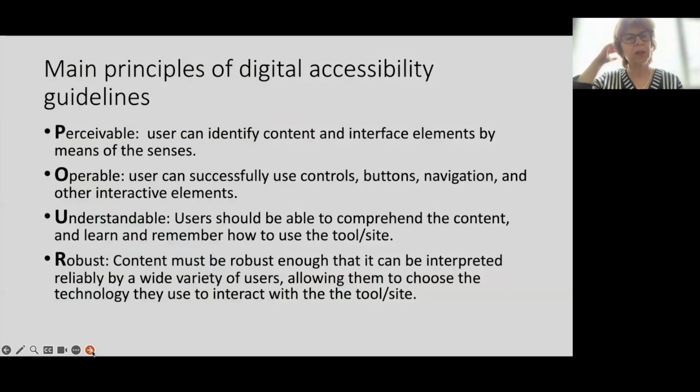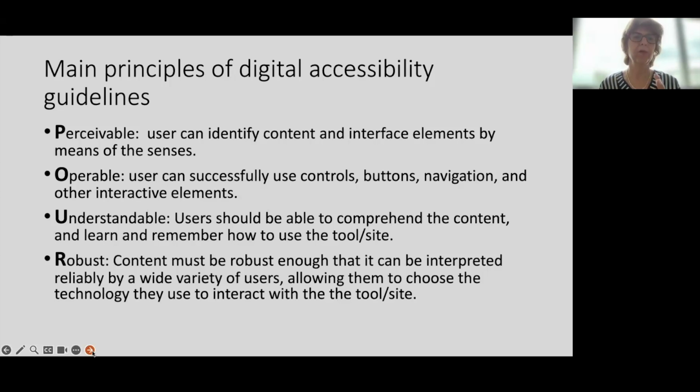Now, moving closely to designing and using digital tools, there are guidelines available that provide tools and instruments to make digital apps and content accessible.